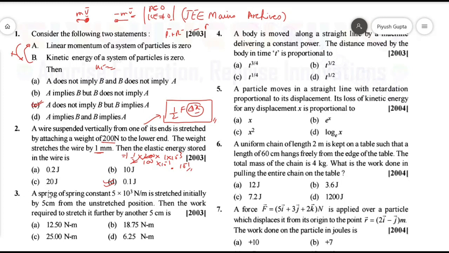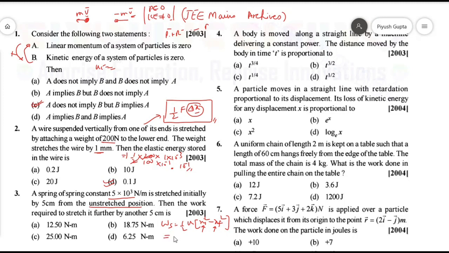Question number 3: a spring of spring constant 5 into 10 to the power 3 Newton per meter is stretched initially by 5 centimeters from the normal position. Then the work required to stretch it further by another 5 centimeters. We have discussed that in case of the spring, work done by spring is half into k into (xi square minus xf square), where xi is the initial deformation and xf is the final deformation.